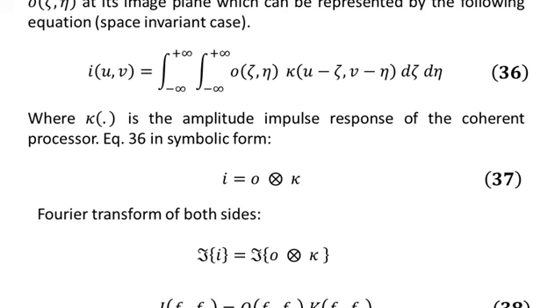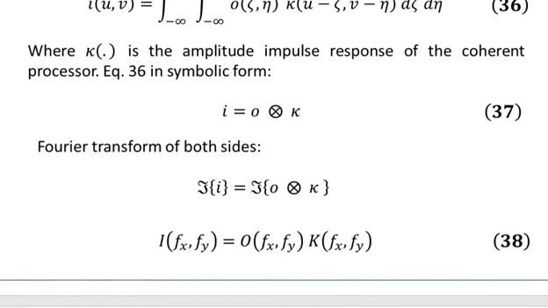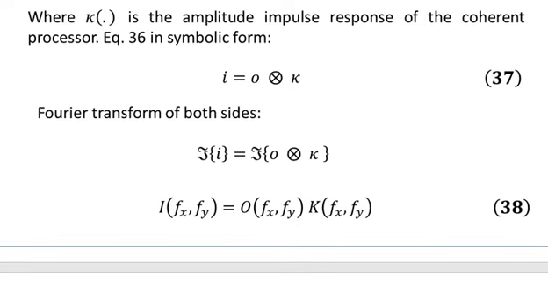So the symbolic form of equation number 36 is I is equal to O convolved with kappa. And the Fourier transform of equation number 37 is given in equation number 38. So we have applied the Fourier operator on both sides, and you know that the Fourier transform of small i is equal to capital I at the frequency coordinates fx, fy, and the Fourier operator acting on O gives capital O at the frequency variables fx, fy.